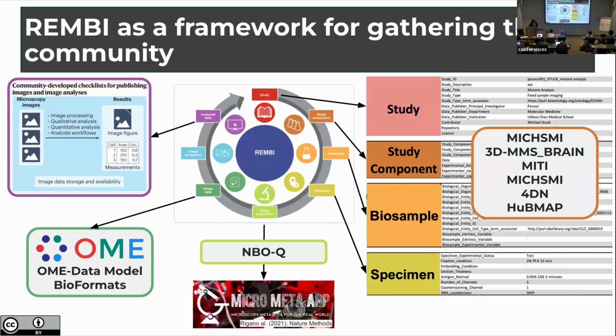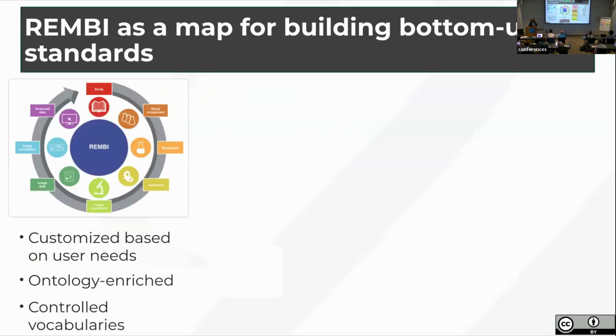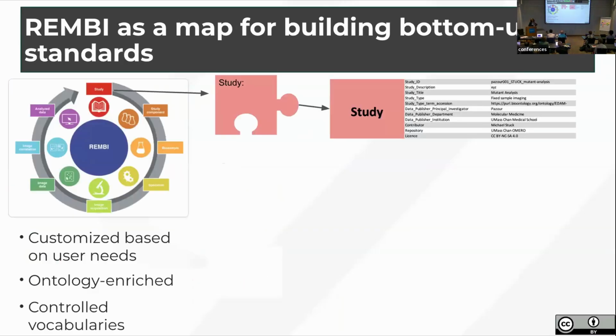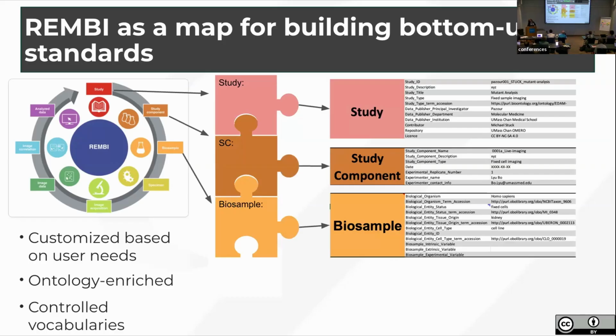As far as the part of REMBI which is before acquisition, the idea is that REMBI can be used as a way of creating modular key-value pair sets that can be combined together depending on the type of experiment that people do.